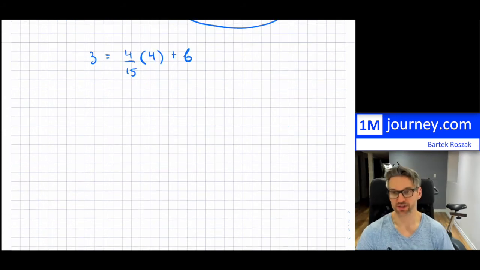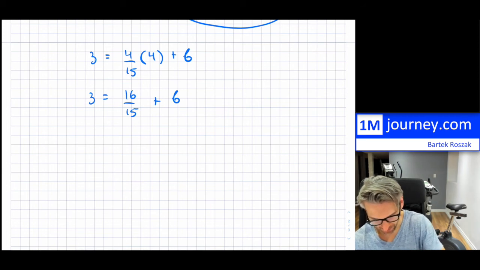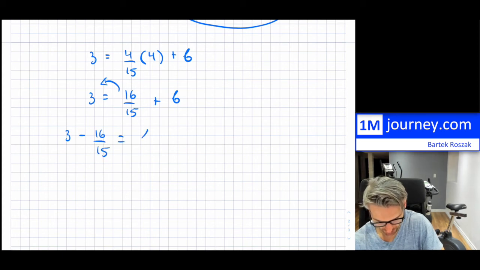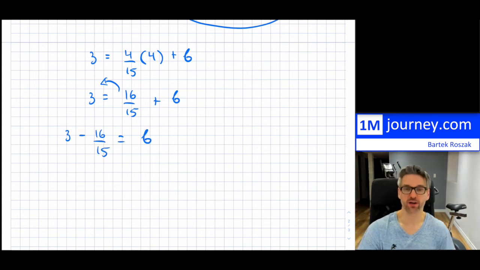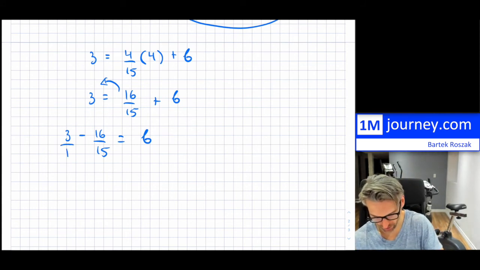So now with the substitution, we'll get 3 equals 4 times 4, so that's 16 over 15, plus b. I'm going to bring this over to the other side. It's going to be 3 minus 16 over 15 equals b. You can find a common denominator here. For this 3, don't forget 3 is over 1.